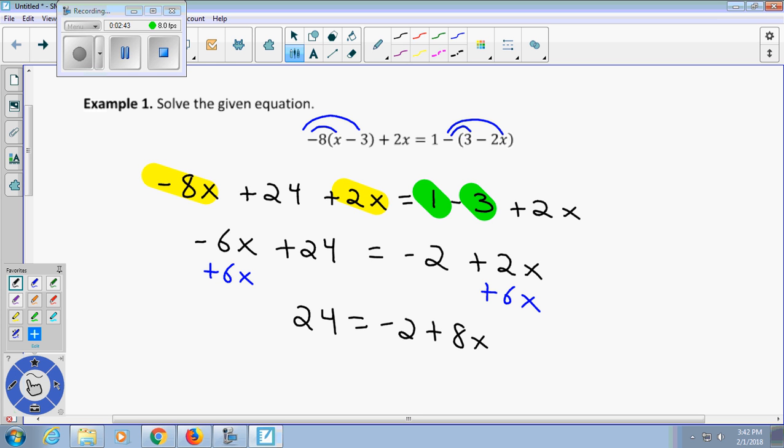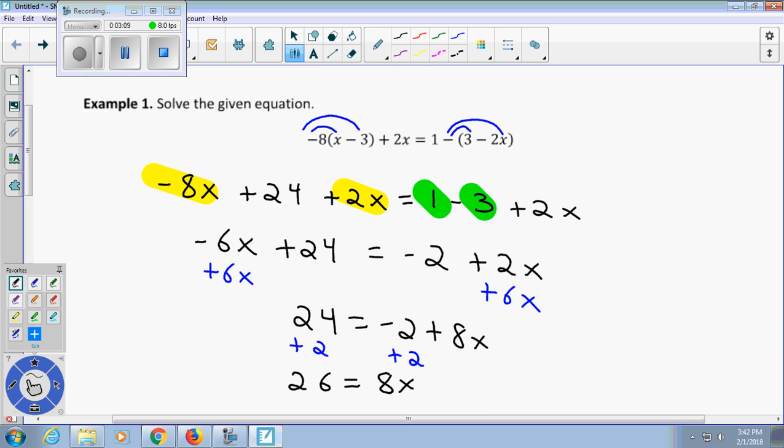Now our last step here really is going to be, I have a -2 on the right, but if I add 2 to both sides, I'm getting closer to having x by itself. Now what I have is 26 is equal to, the -2 and +2 cancel, and I'm left with 8x.